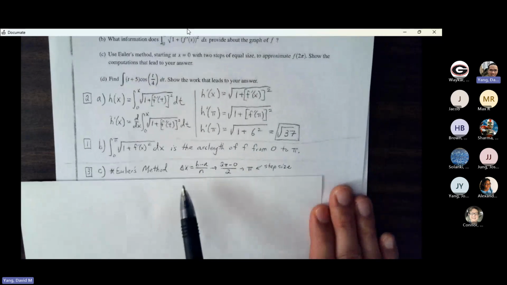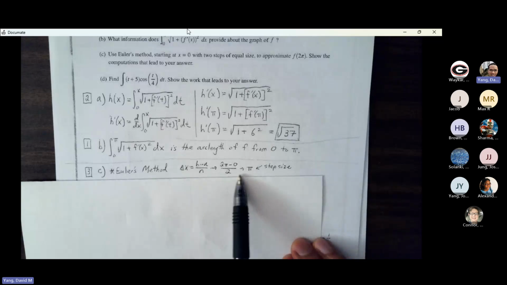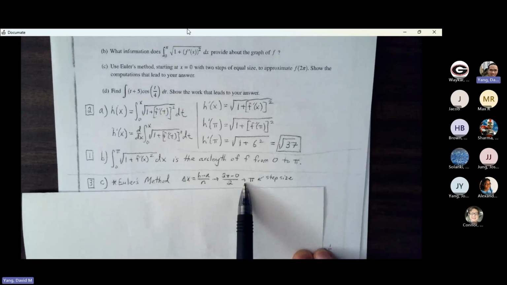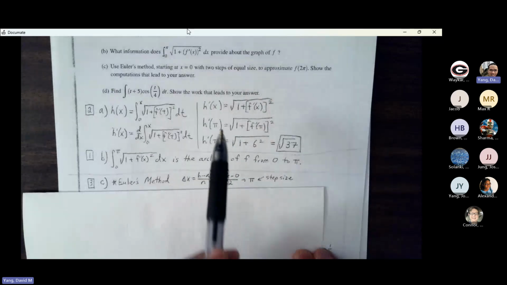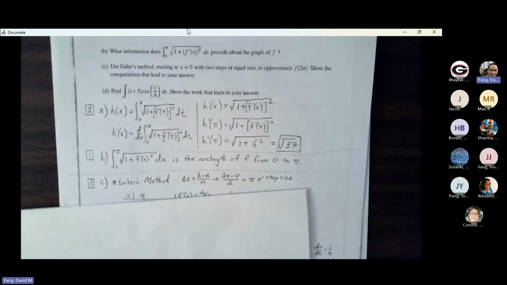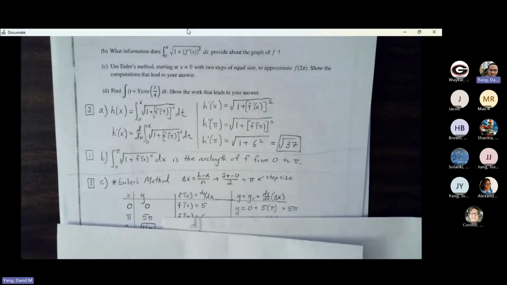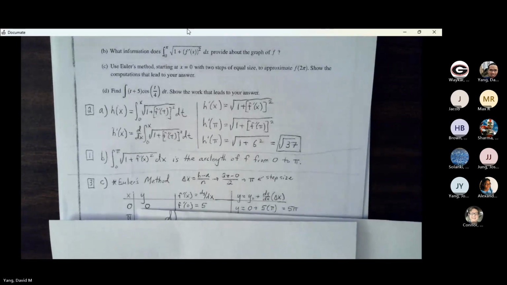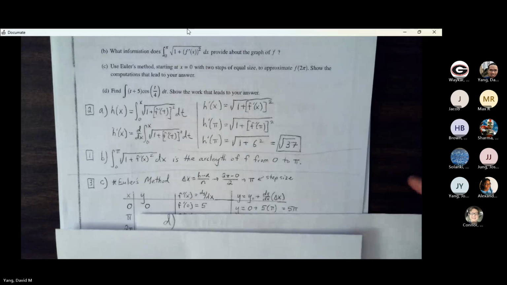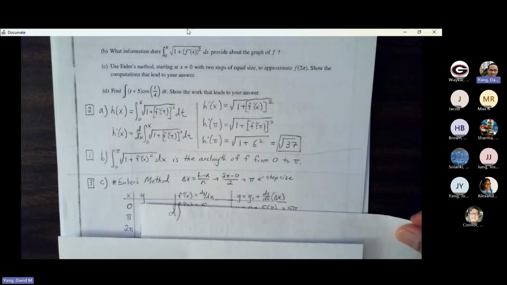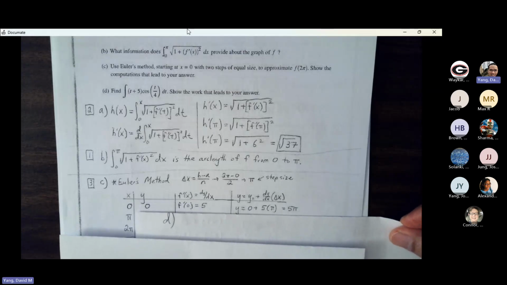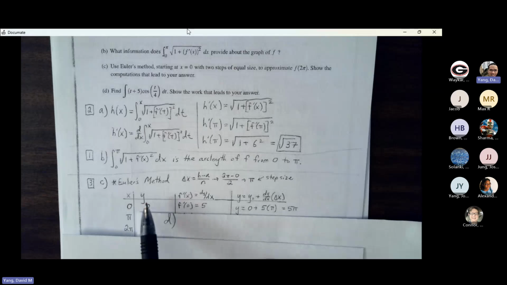So we do b minus a over n to get our step size, which is pi. So we're starting at 0, and then next we're going to pi, and then we're going to 2 pi. So we're just going to build out our table. So 0, pi, and 2 pi, and we know that we're starting at 0, 0.